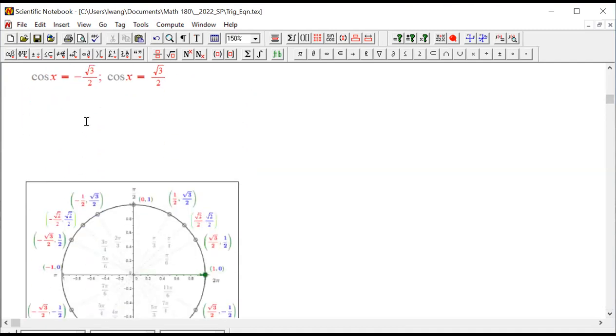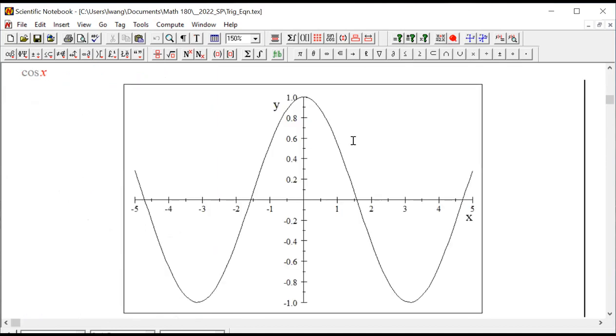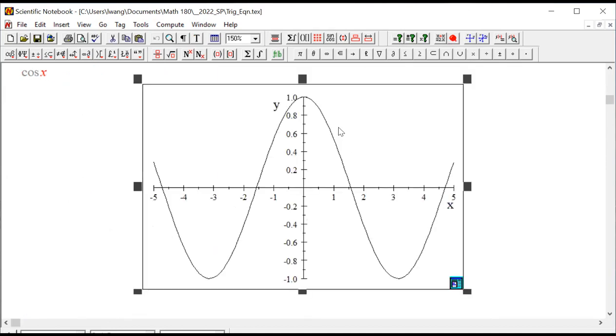2 equations means what? Let's look at this, right? This is an OR relationship, right? If you draw the cosine curve, we are pretty familiar with the cosine curve, don't we?